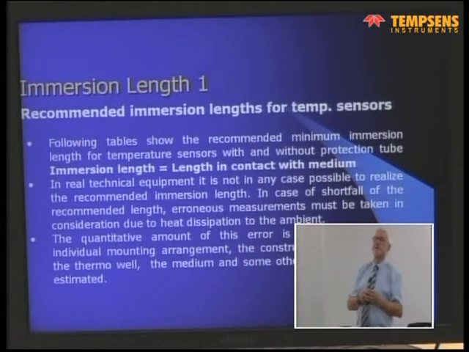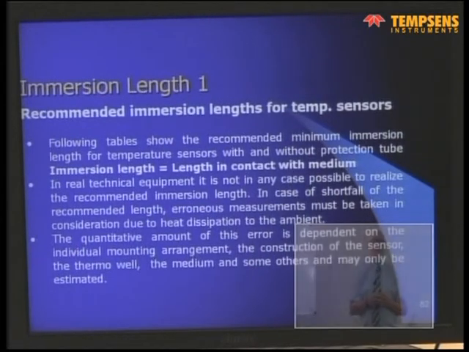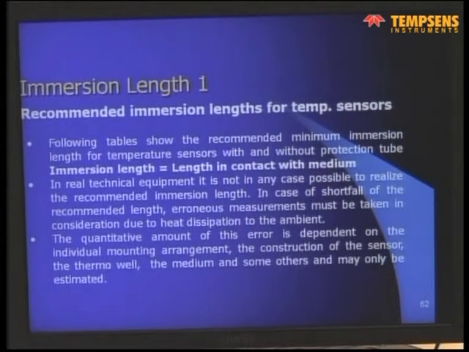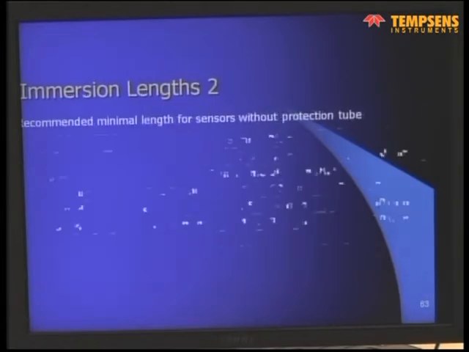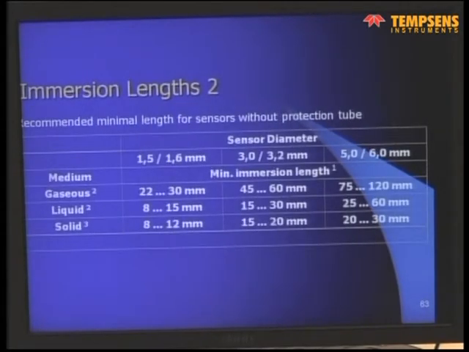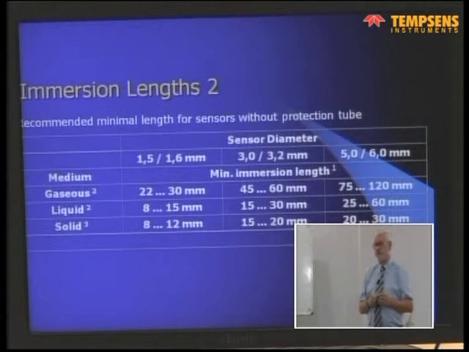The quantitative amount of this error depends on the individual mounting arrangement, the construction of the sensor, the thermowell, the medium, and some others, and may only be estimated. So the recommended immersion length is, as you see, somewhere around, for gases, 20 times the outside diameter, and for liquids it may be even shorter.